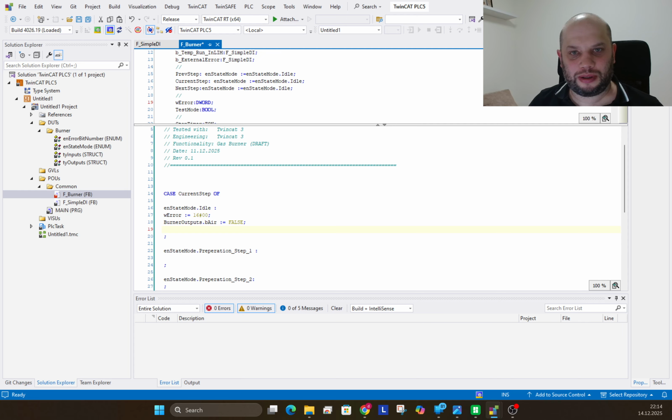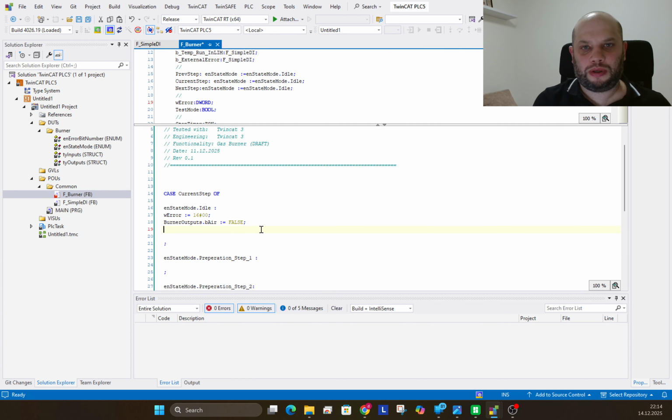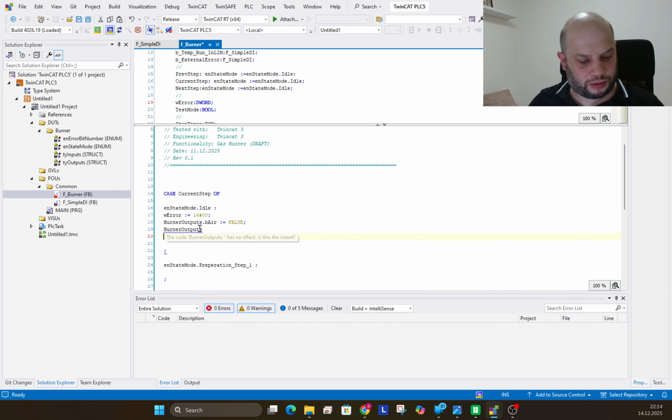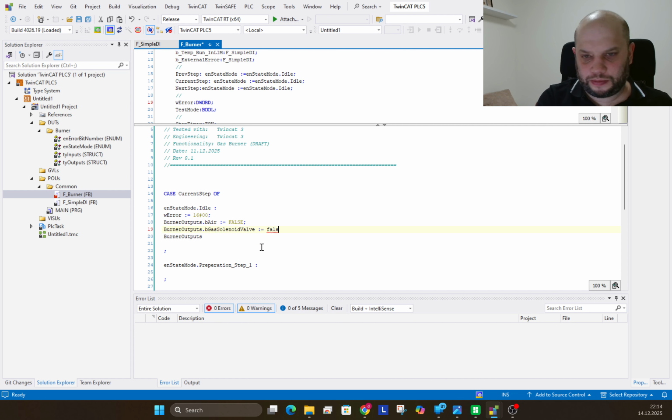So here now false. Solenoid valve and igniter also false.